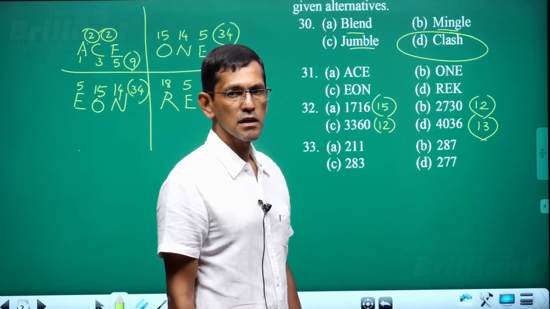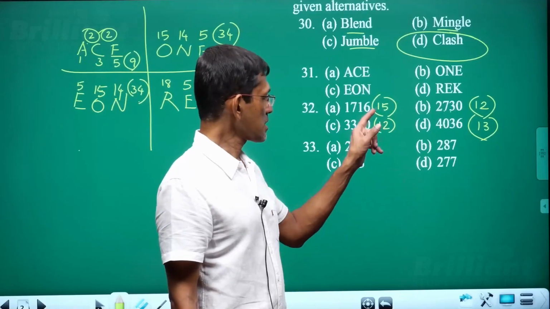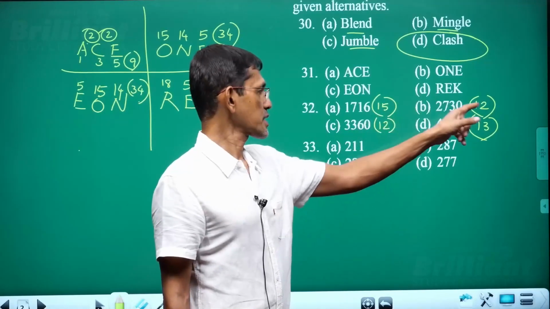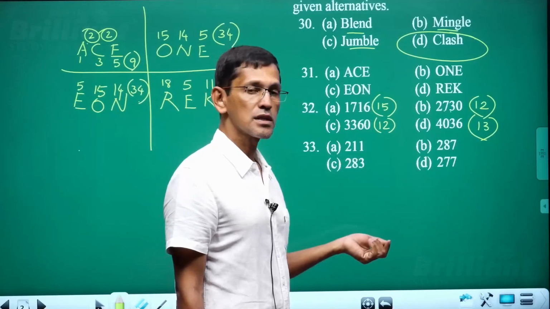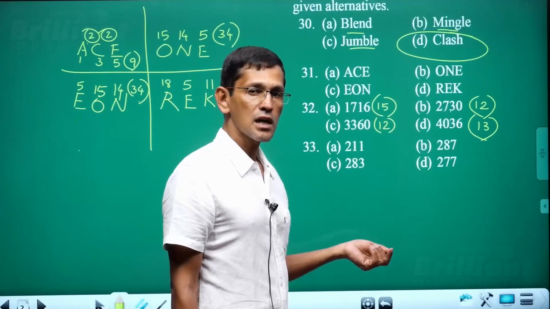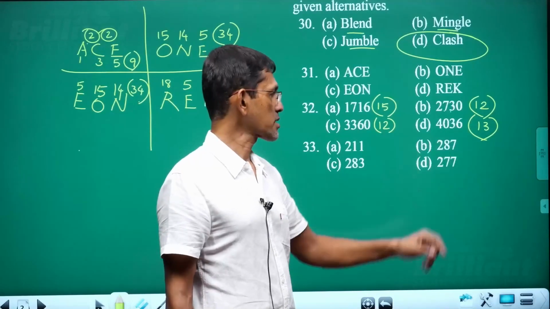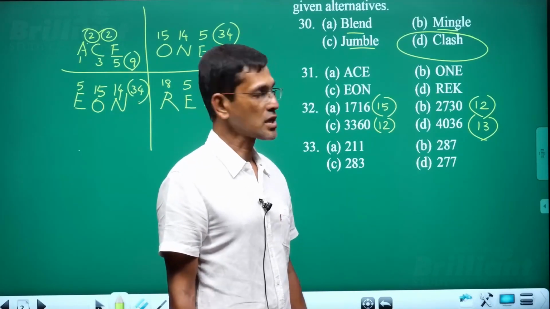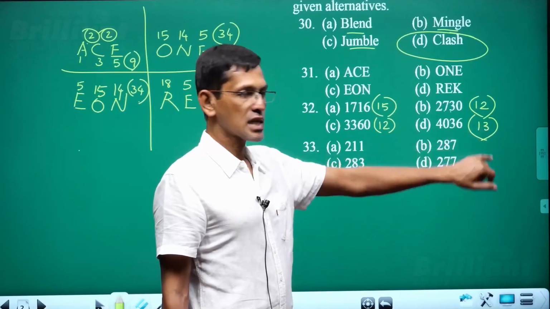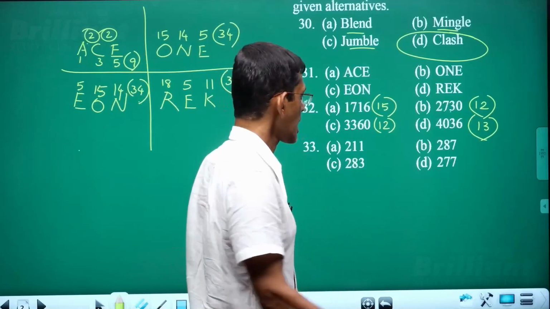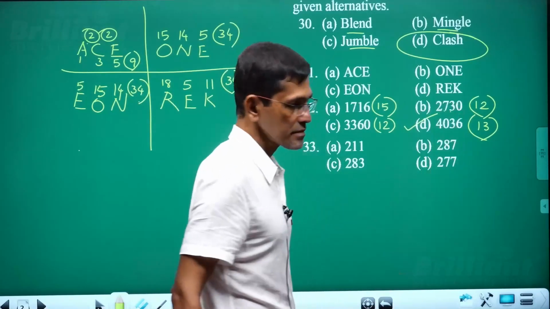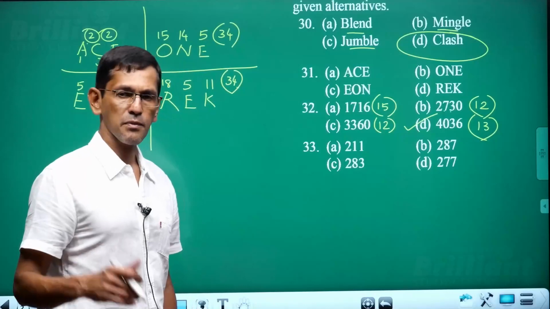Anything else? If you take a closer look at these numbers, you can see that 15, 12, and 12 are divisible by 3, and the number 13 is not divisible by 3. And 13 is the only prime number in the group. All others are composite numbers. So ultimately, the answer is D. You may think of many other possibilities.